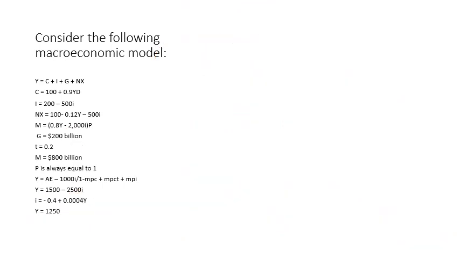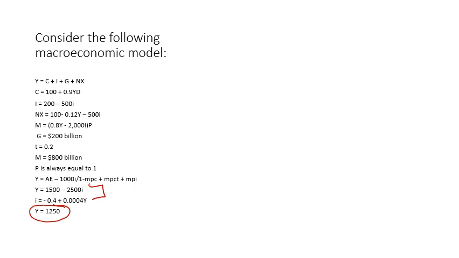So our next step is to calculate GDP. And as you see here, we already have an answer. Y is equal to 1,250. So how do we get that answer? Well, we're going to have to work with these two equations, right? The first one, Y is equal to 1,500 minus 2,500I.